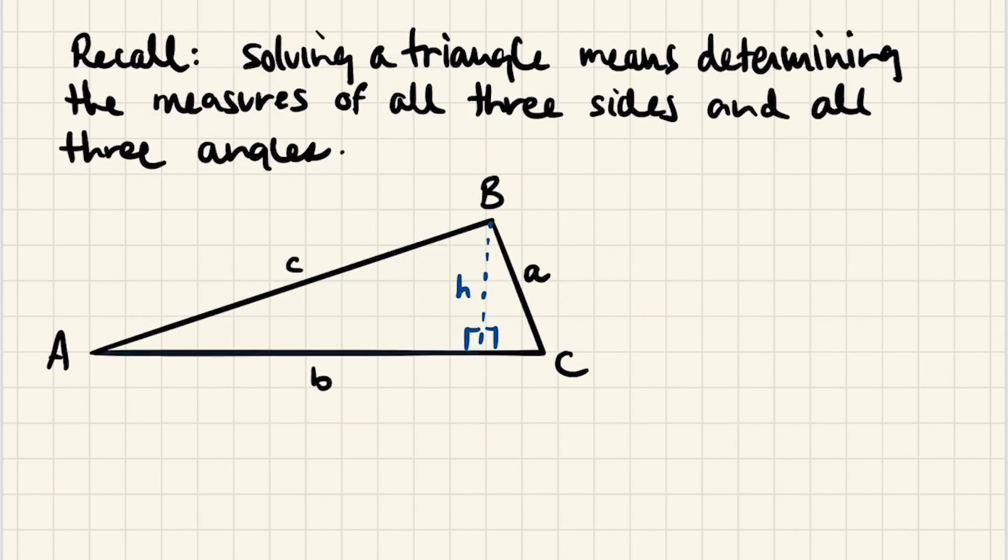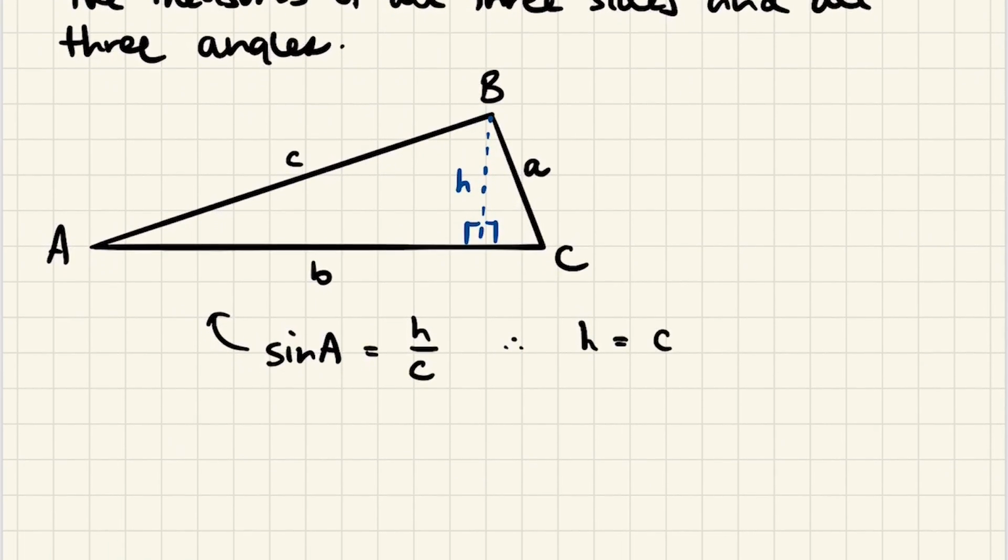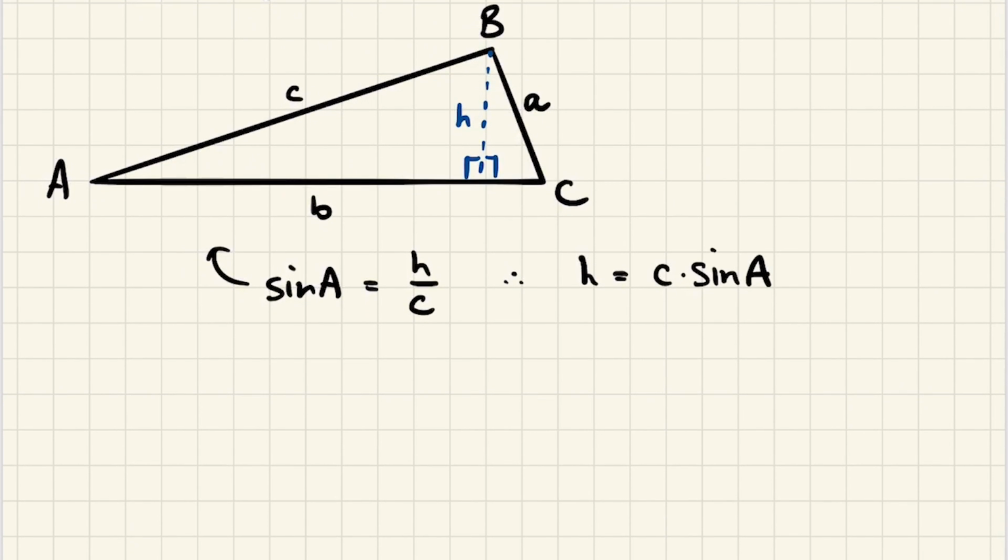Okay. So for instance, in this first triangle, we can see that sine of the angle capital A is little h over little c, opposite over hypotenuse. And if we solve for h, we can see that little h is little c times sine of capital A. Okay, very good. Now, on the second triangle, we can see that sine of capital C is little h over little a.